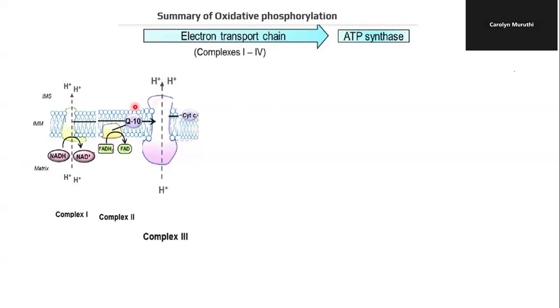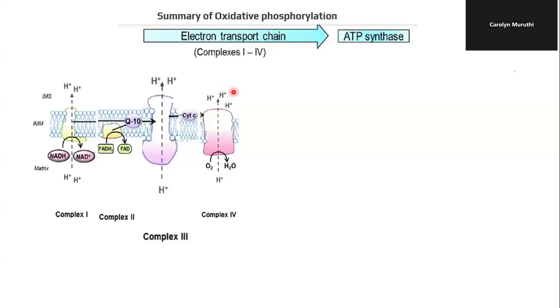Thereafter, it transports the electrons to cytochrome c, which is a small soluble protein, which then will transfer the electrons to complex 4. So at complex 4, that is the cytochrome c oxidase, it is charged and pumps 2 instead of 4 hydrogens or protons from the matrix into the intermembrane space.